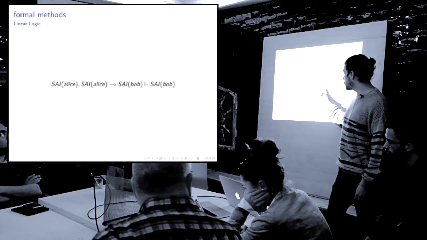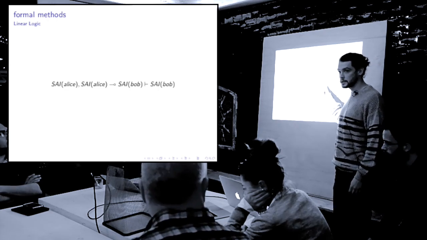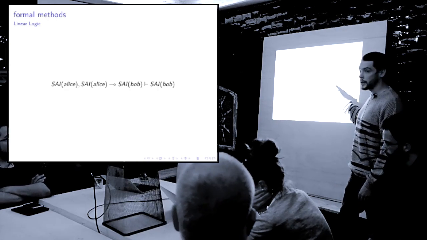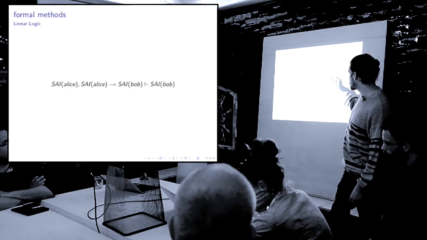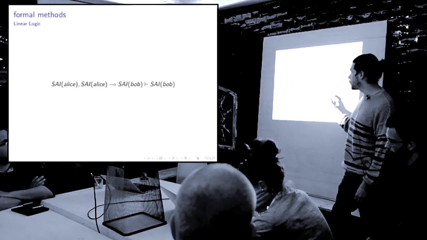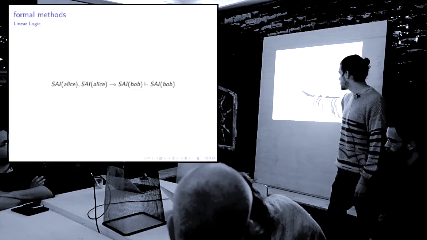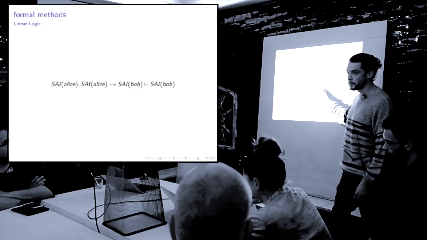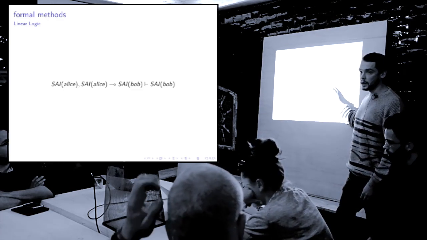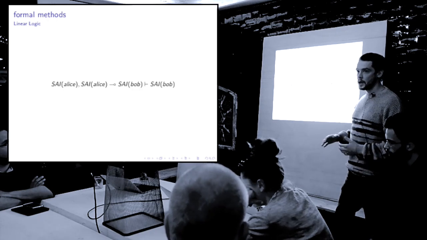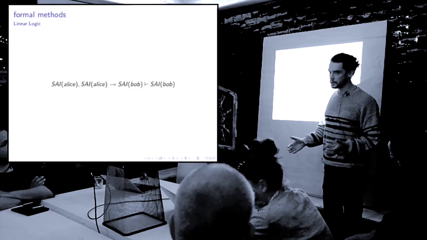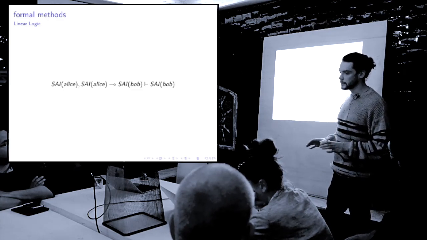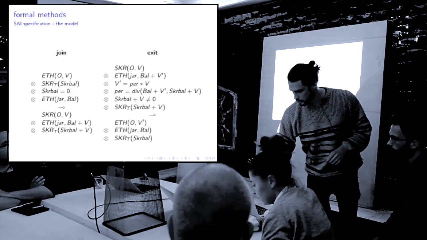Given those two statements, we can prove, which is this funny symbol, that Bob has a token. So we can go from this state and transition to this state. Or we can prove that once we have those resources, which is Alice's coin and the promise that Alice gives her coin to Bob, then Bob has a coin. With this, we can fold up more difficult state spaces and make formal statements about state spaces.